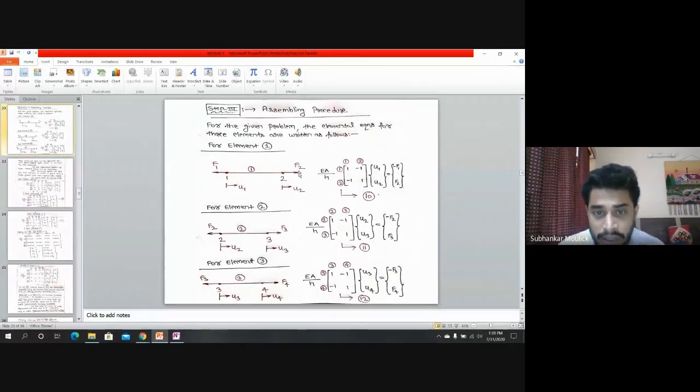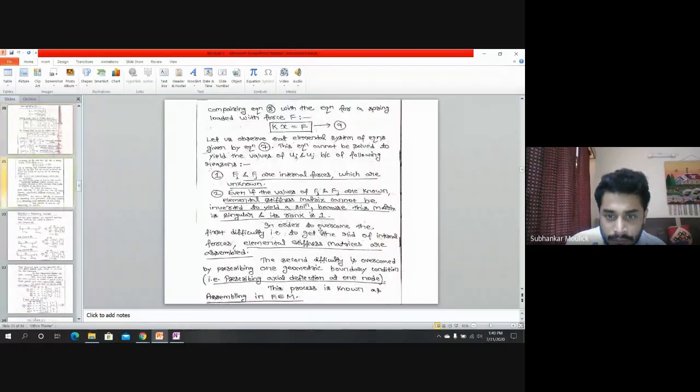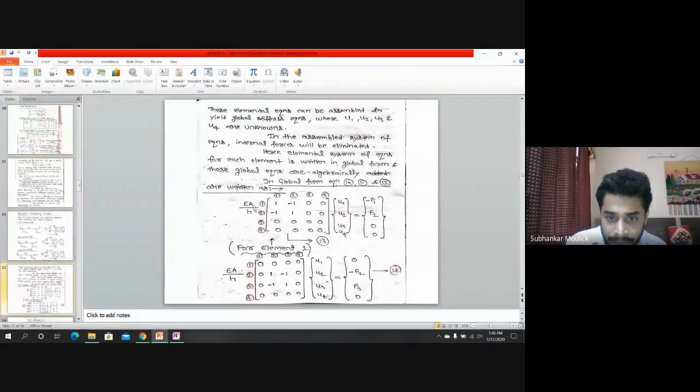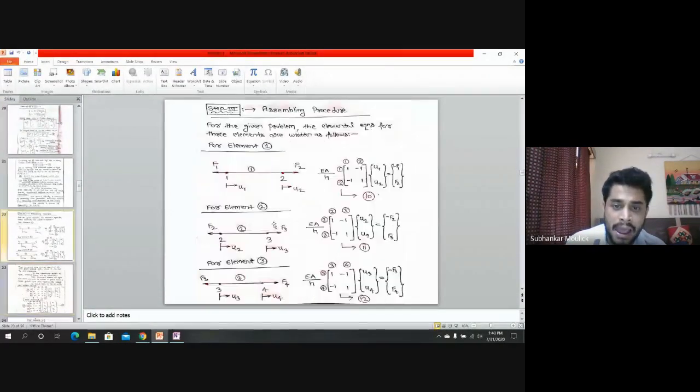Now, if you see equation number 10, for this element number 1, force is applied only at the first node and the second force is applied at node number 2.